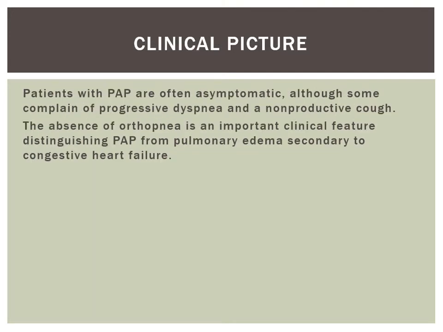Patients are often asymptomatic, although some complain of progressive dyspnea and non-productive cough. The absence of orthopnea is an important clinical feature distinguishing proteinosis from the pulmonary edema secondary to congestive heart failure.